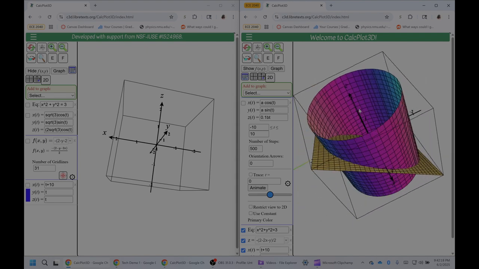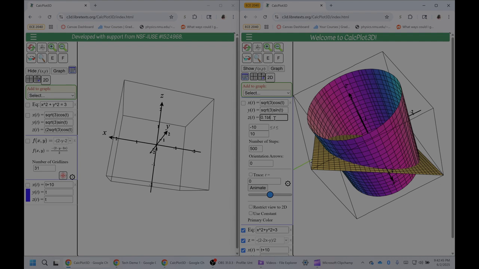Since the cylinder's equation is x squared plus y squared equals 3, we're able to put square root 3's in front of our cosine and sine, which is the parameterized x and y. And then we have our cos t for x, and our sin t for y.